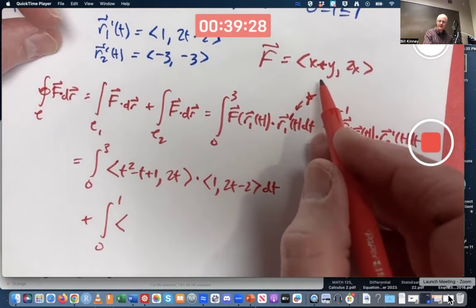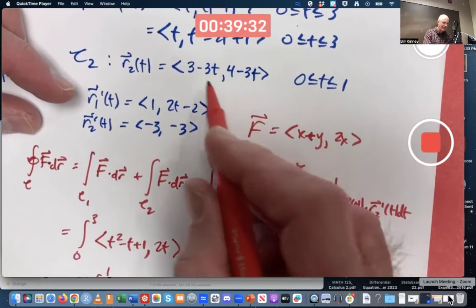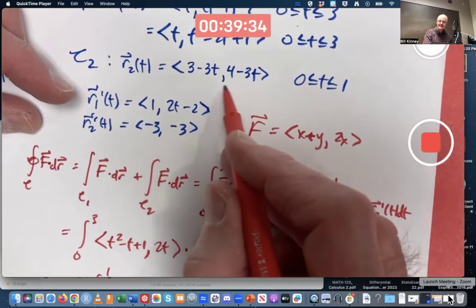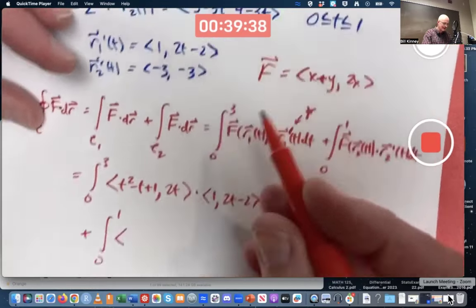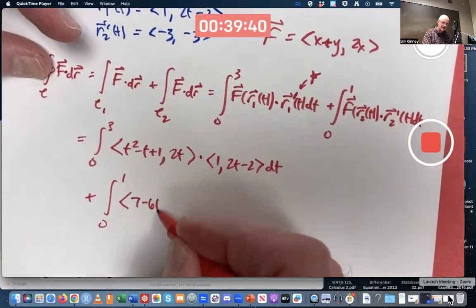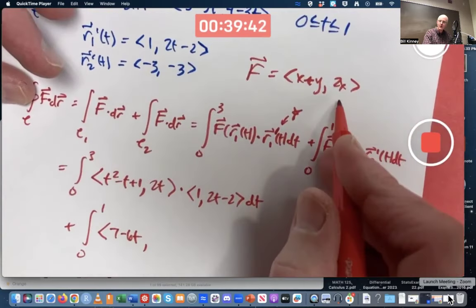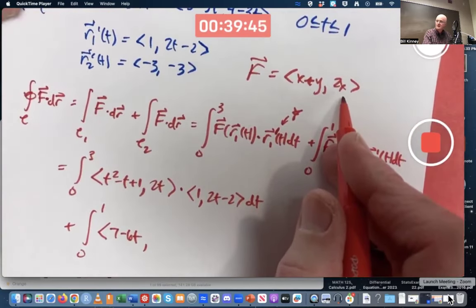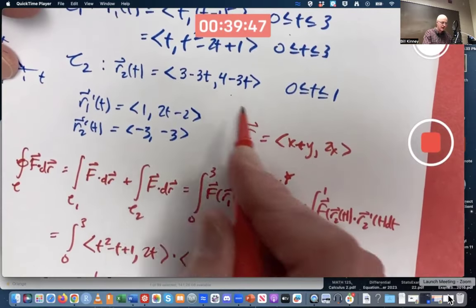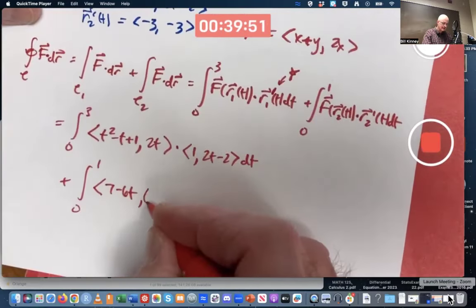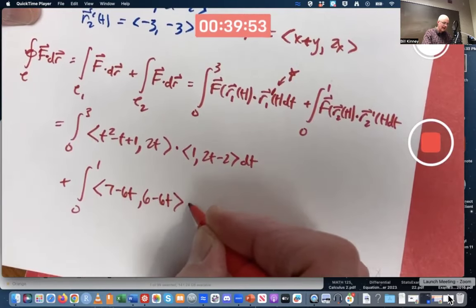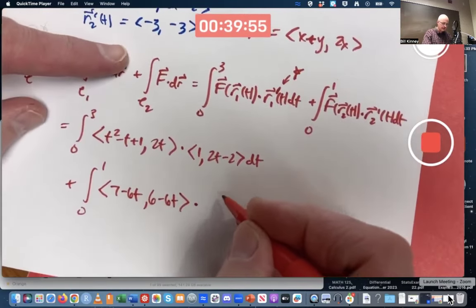Again, the first component of f is x plus y. Look at R2 right there. Add those two things. Get 7 minus 6t. Then do 2x for the second component. 2 times that is 6 minus 6t. Dot that with the velocity vector, -3, -3.